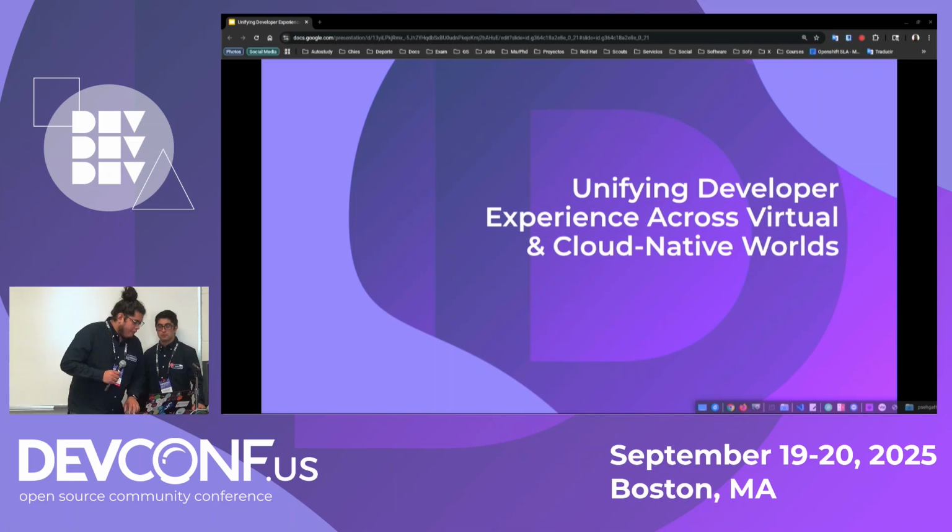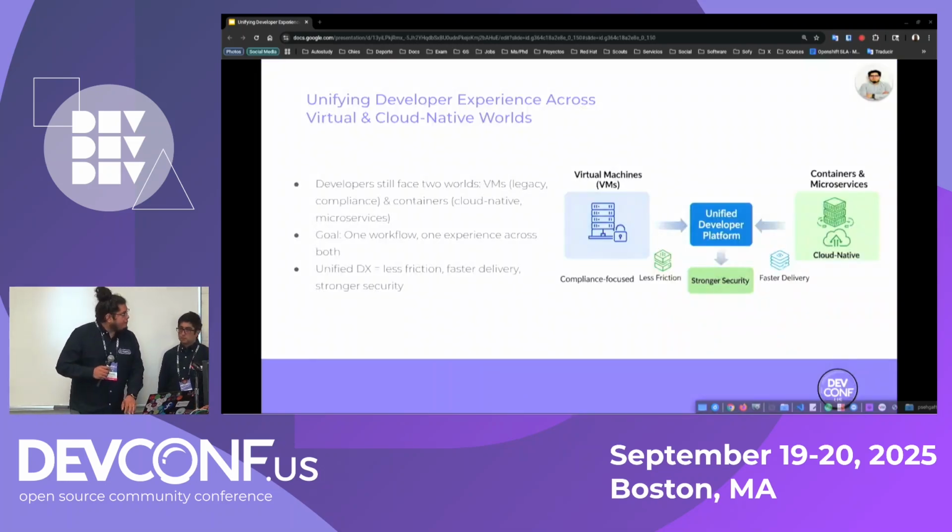Right now, unifying developer experience across the virtual and cloud native world. After addressing security, we return to the bigger vision, unifying developer experience. Today, developers still live in two parallel worlds.